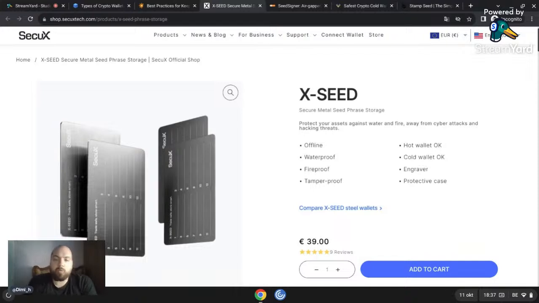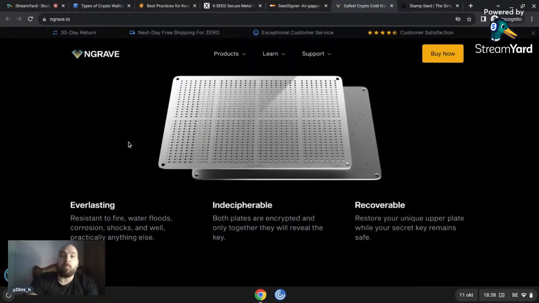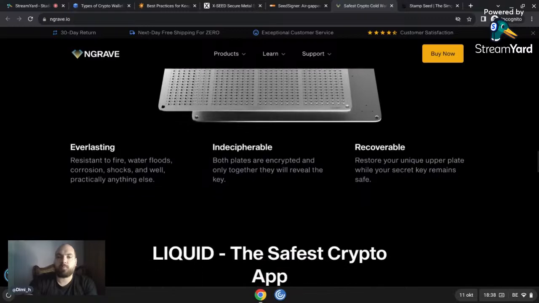And if you have a photographic memory, people can remember the words and how they were written and have immediate access. With this, not possible. You will need to have both plaques in hand in order to access your funds. So that's an additional layer of security built on top of it.